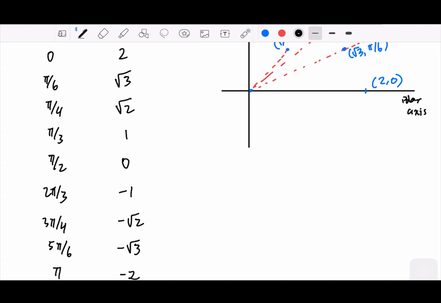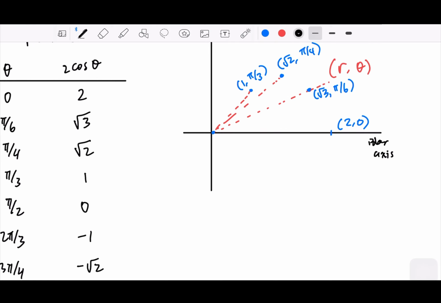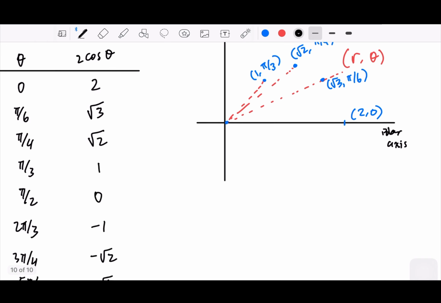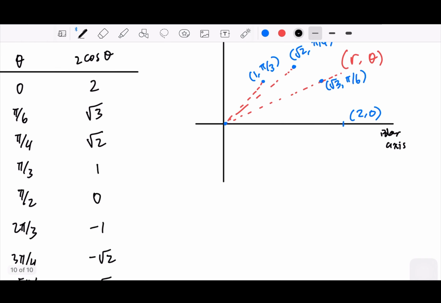Now what will happen after 0? After pi over 2, we will have 2 pi over 3, which should be around here, right? But since it's negative, we move to here. Got it?